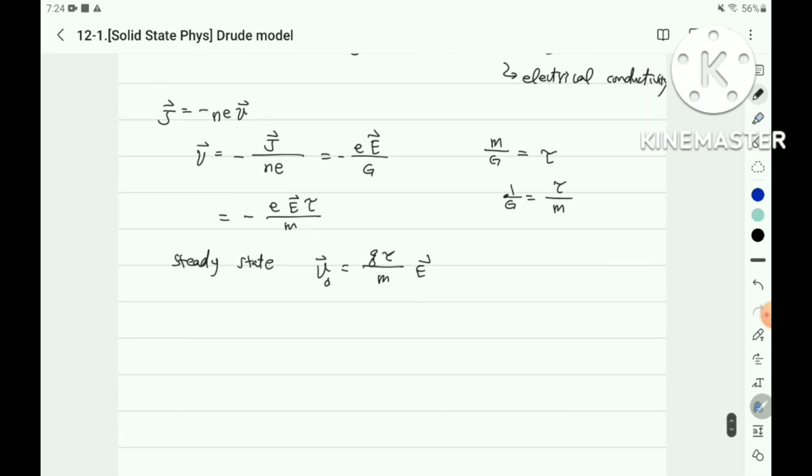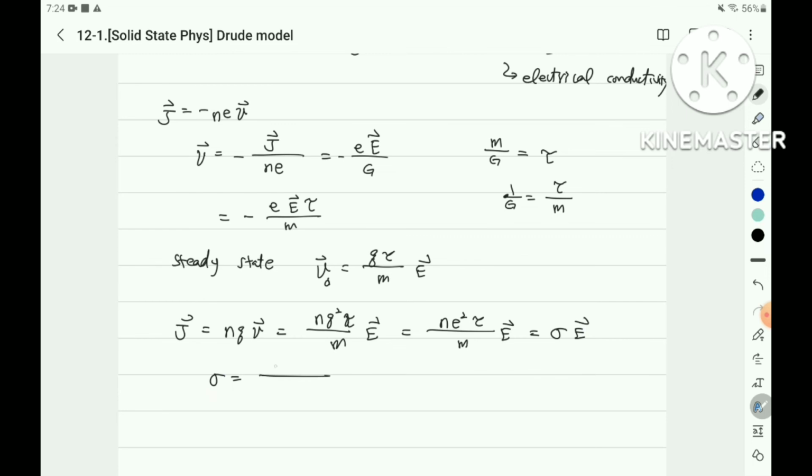Then J is nqv, and v is also, so J is nq squared tau over m E, and for electrons ne squared tau over m E. We call it sigma E from Ohm's law, and therefore the electrical conductivity is ne squared tau over m, which is 1 over rho.